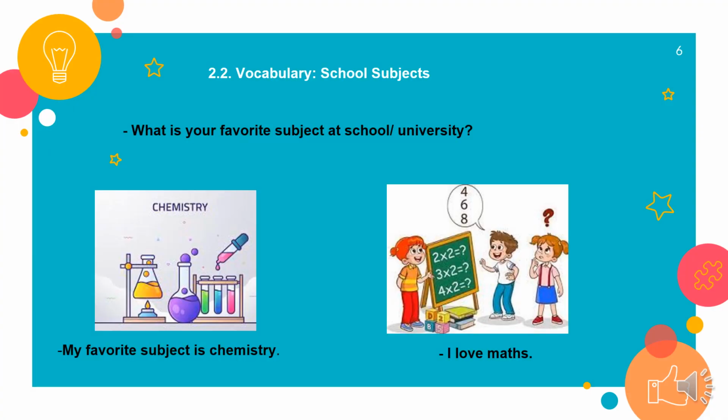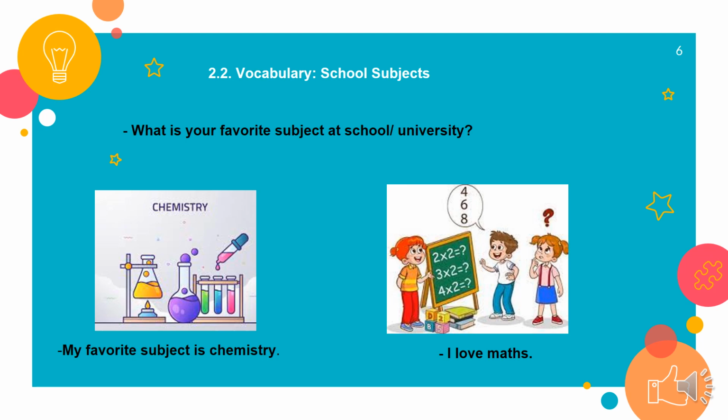Then we have vocabulary school subjects. So the school subjects are what we study at the school or what we study at the university. For example, what is your favorite subject at school?